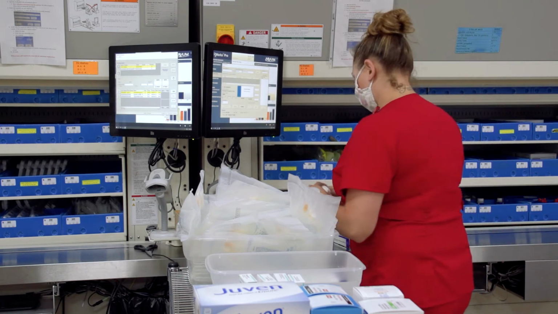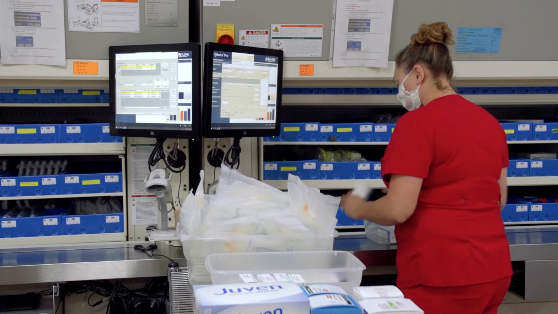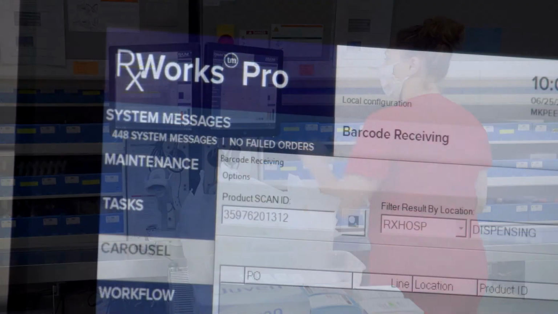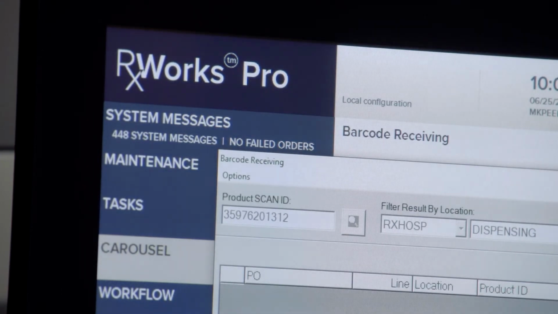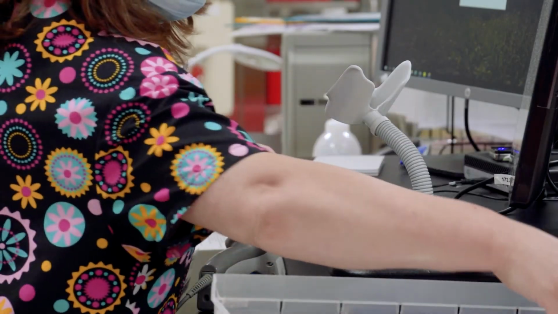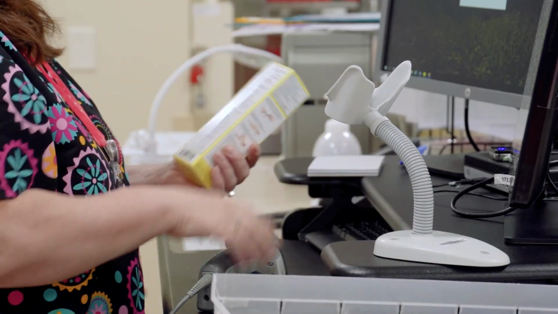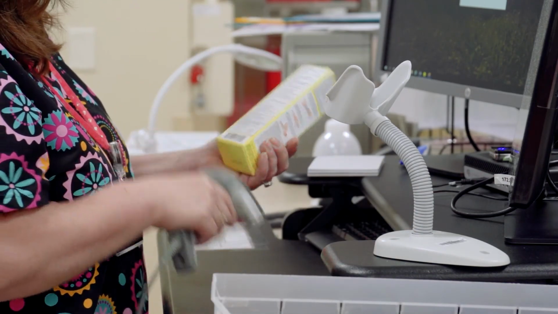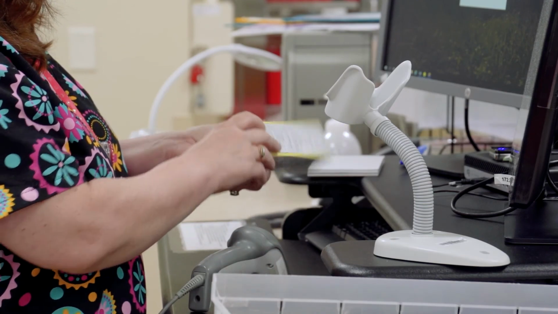RxWorks interfaces with our system's electronic health record as well as our storage software. Technicians work within RxWorks to select the correct medication product for both patient-specific and bulk medication orders. Before any medication leaves the pharmacy, its barcode is scanned and double-checked versus the original order to ensure accuracy and integrity of the product.